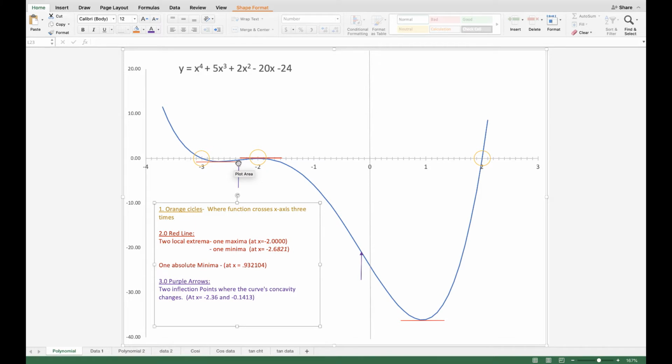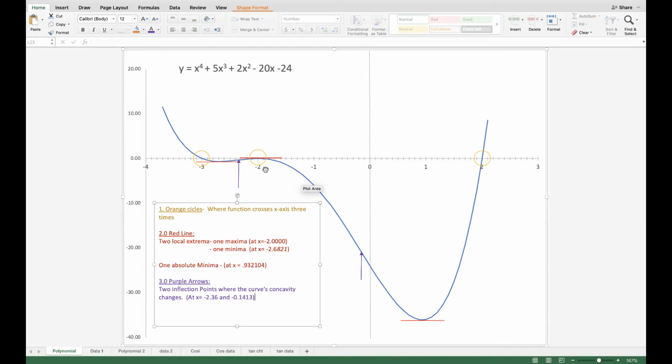But at the inflection point, at 0.236, I calculated, at this point where the arrow points, that's the inflection point. You can see very carefully that's where the curve changes at x equals minus 2.36, and it's dome-shaped. Okay, so water runs off that. It wouldn't hold water. So it's not a cup shape, it's a dome shape.